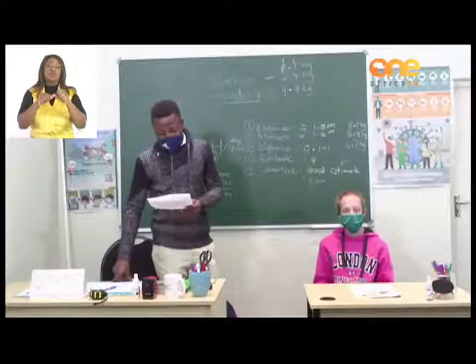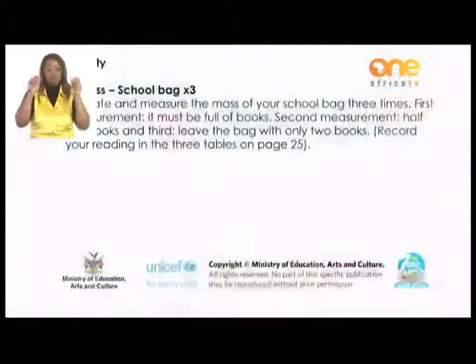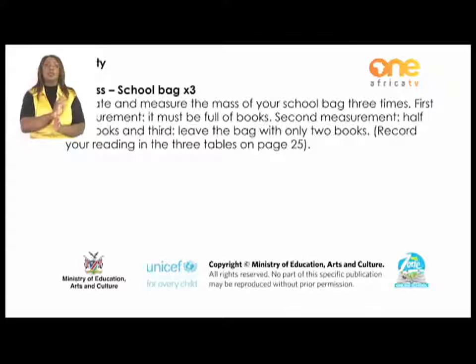Continue with the activity on page 24. So the first question there is to measure the mass of school bag 3 times. Estimate and measure the mass of your school bag 3 times. First measurement, it must be full of books.